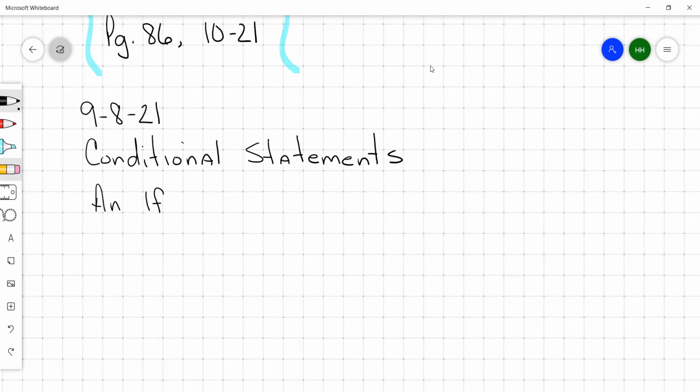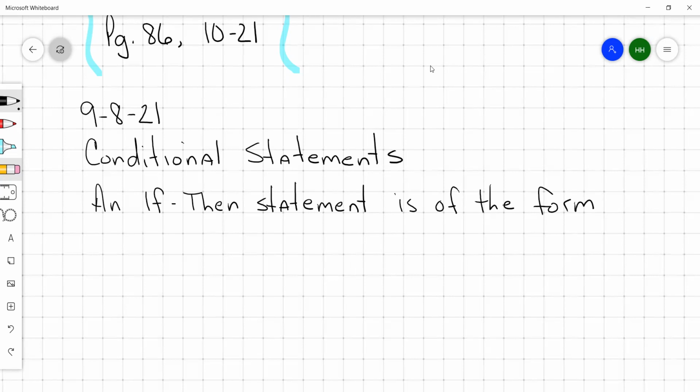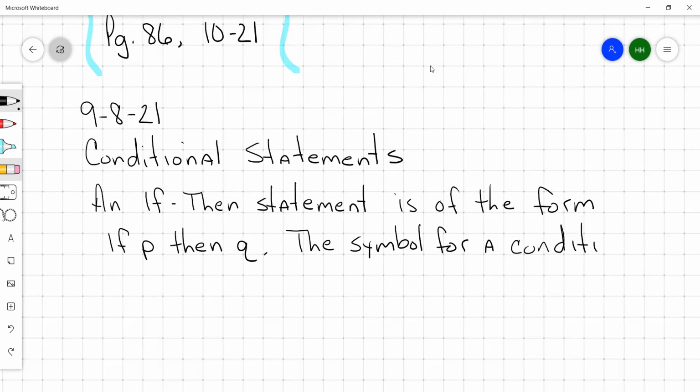An if-then statement is of the form if P, then Q. The symbol for a conditional statement is P arrow Q.